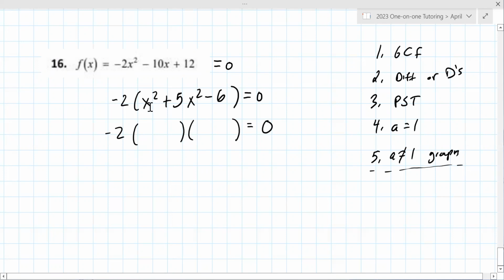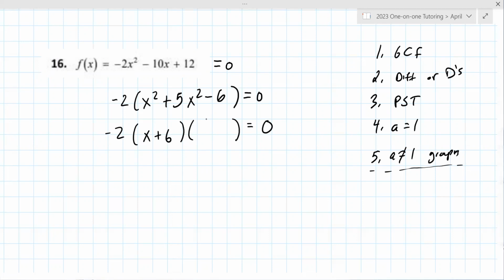Oh, so it's just x plus 6? Yes. Or is it x plus 6x or just x plus 6? So it's just the number in this case. Okay. And then x minus 1. Okay.